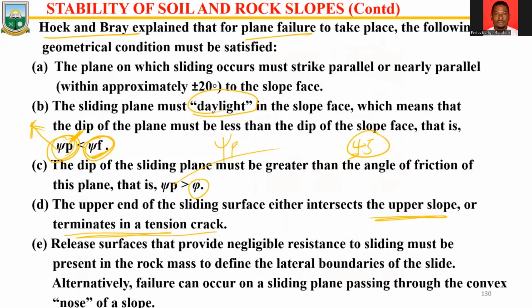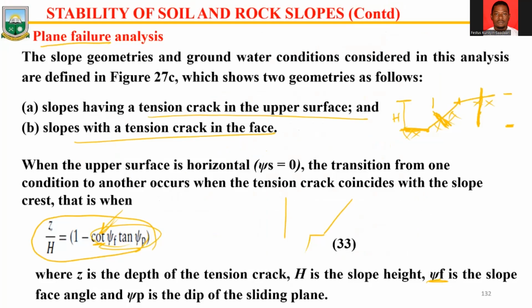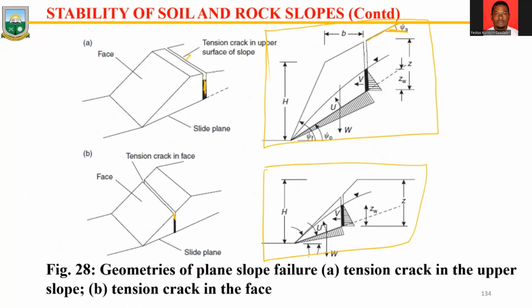Where is it? Sorry. This. It said that when the upper surface is horizontal, you usually will have this phi s, this angle, equal to 0.